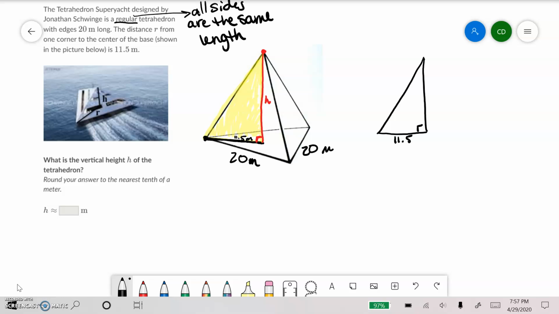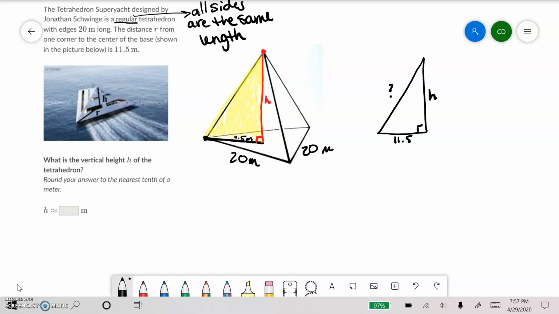That's a right angle. We want to know h, and we have to know that length in order to find the height. So we have a piece of missing information. We have to decide how we're going to find that.